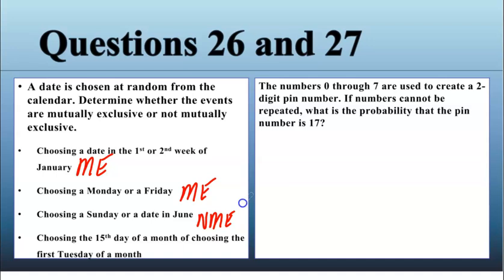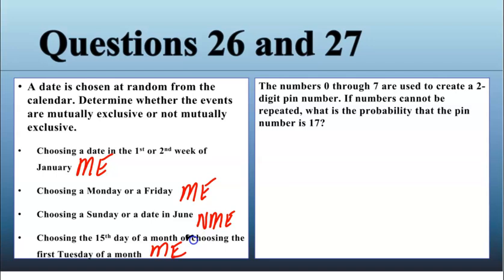And the last part, choosing the 15th day of a month, or choosing the first Tuesday of a month. Well, if you choose the first Tuesday of a month, that's going to be within the first 7 days. That can't be the 15th day of the month. So no, this can't happen at the same time. So this is mutually exclusive.